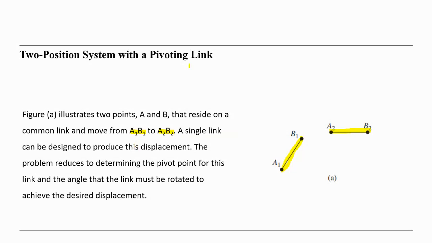Maybe, and we'll see. We have these types of tasks if we design a machine. The problem is reduced to determining the pivot point for this link and the angle that the link must be rotated to achieve the desired displacement.